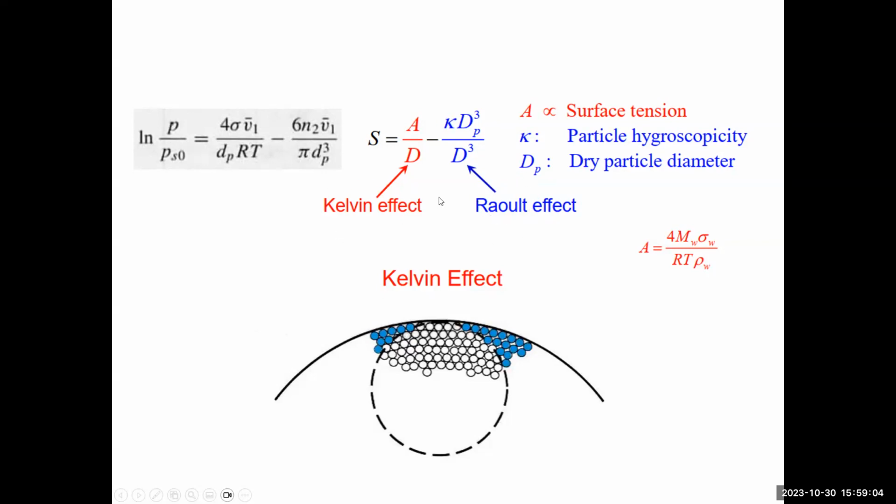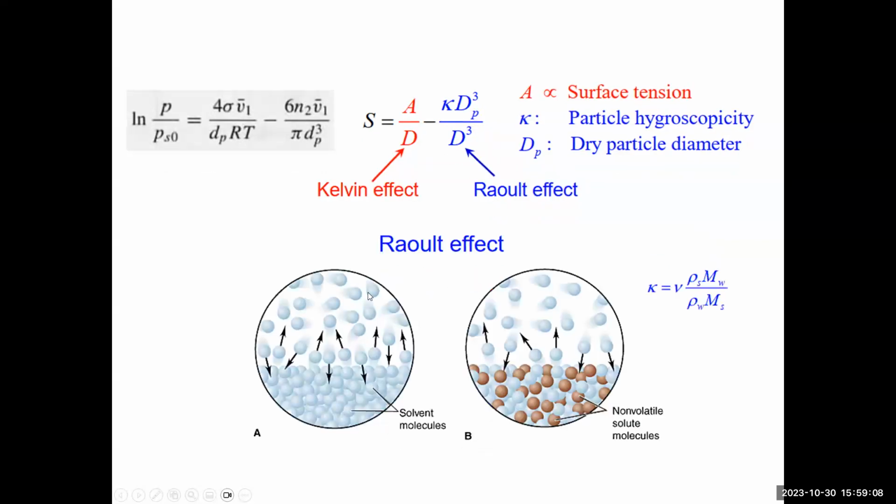There's also the Raoult effect, which actually reduces the vapor pressure. You can show that more clearly in this picture here. With the Raoult effect, you have non-volatile solute molecules dissolved into the liquid. We mentioned ammonium sulfate, ammonium bisulfate, or sulfuric acid; they get dissolved and do not evaporate into the gas phase.